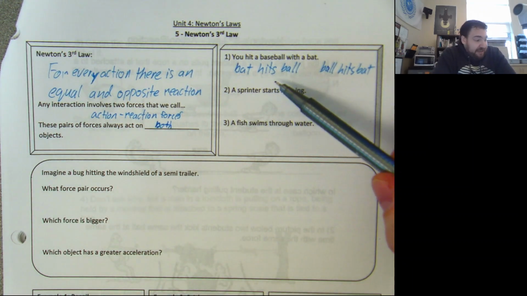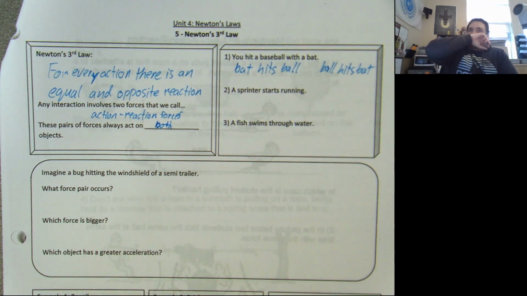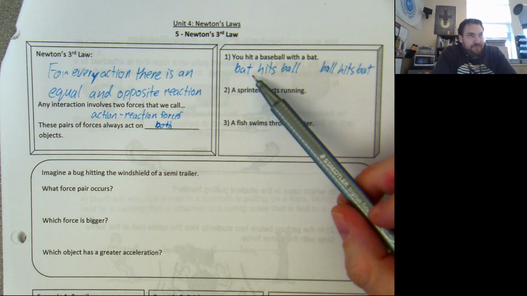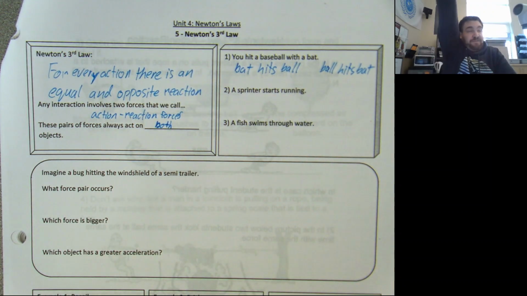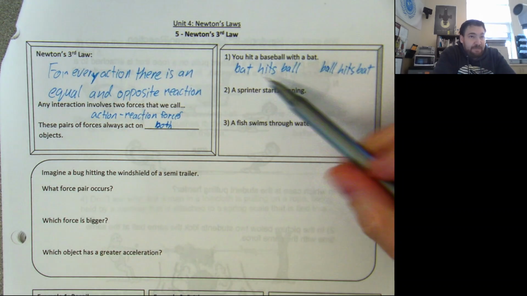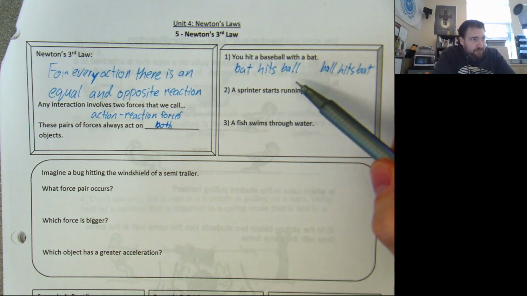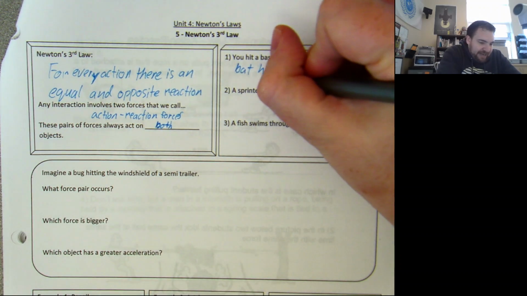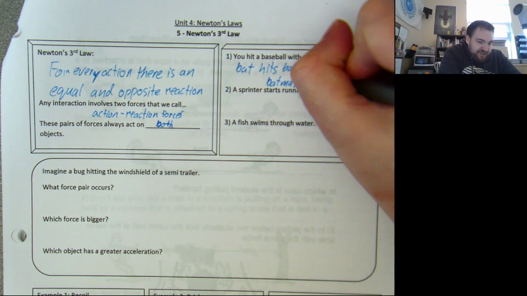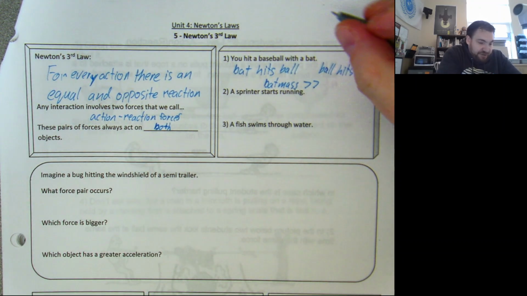We don't necessarily think about that because if you ever watch baseball, you can see the effect on the ball. The ball flies out to the other side. It was going at you, now it's going the other way. We don't see the effect on the bat, the vibration in the batter's hands, because of the mass difference between these two. The bat mass is typically much greater than the ball's mass.